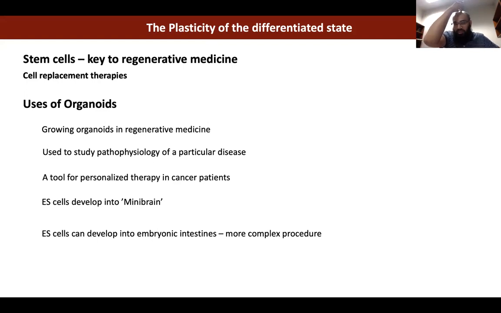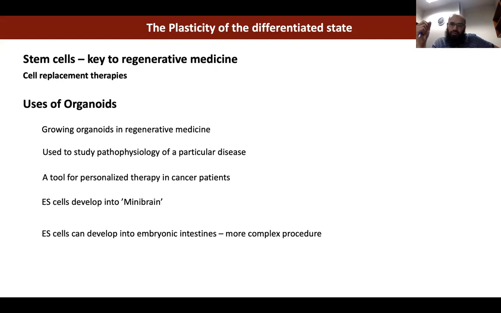For example, if there is a disease which has only a single gene mutation, you can very easily generate an organoid model which has all the cells carrying this mutation, and then you can study what happens in this particular disease at the cellular level, at the molecular level.